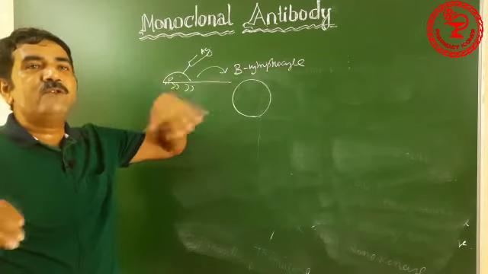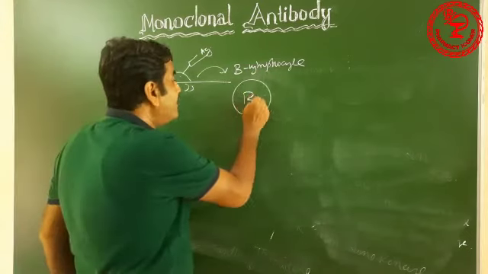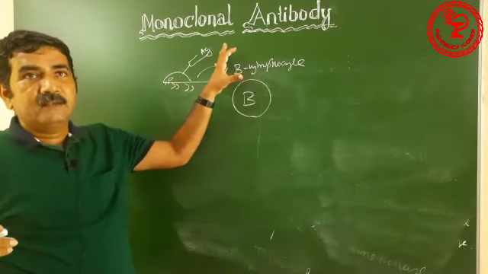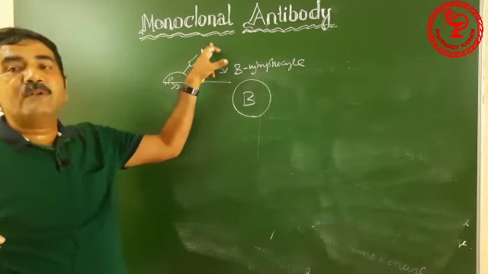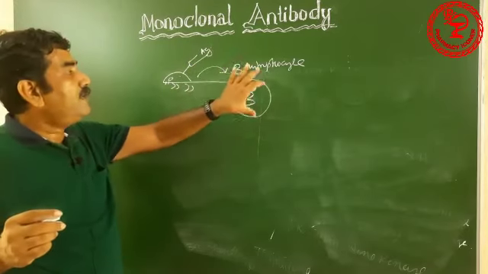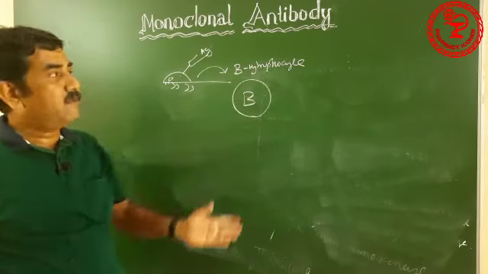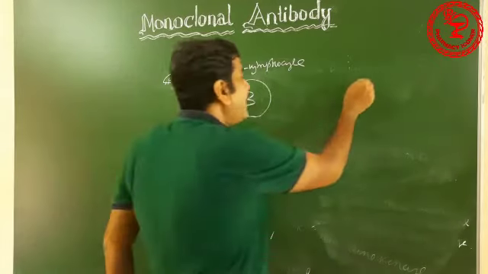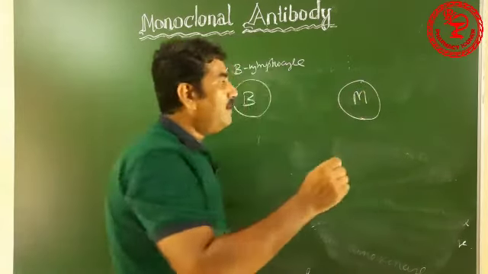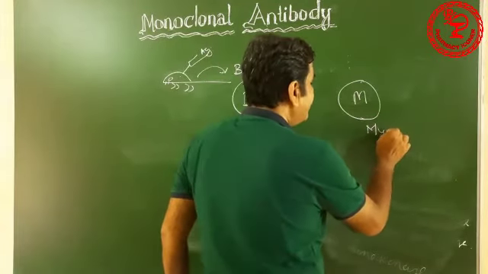These B-lymphocytes will proliferate to produce antibodies. We are not specifying which B-lymphocytes; they are against all the epitopes of this antigen. So effort should be made so that our desired B-lymphocyte is produced in higher quantity. Along with this, we take some myeloma cells.